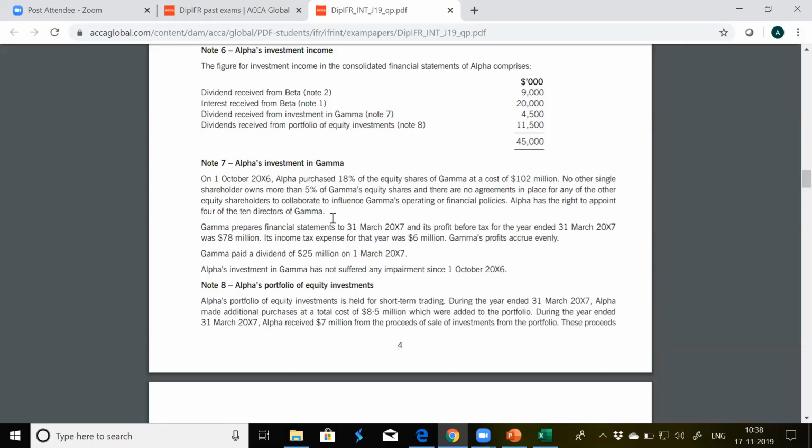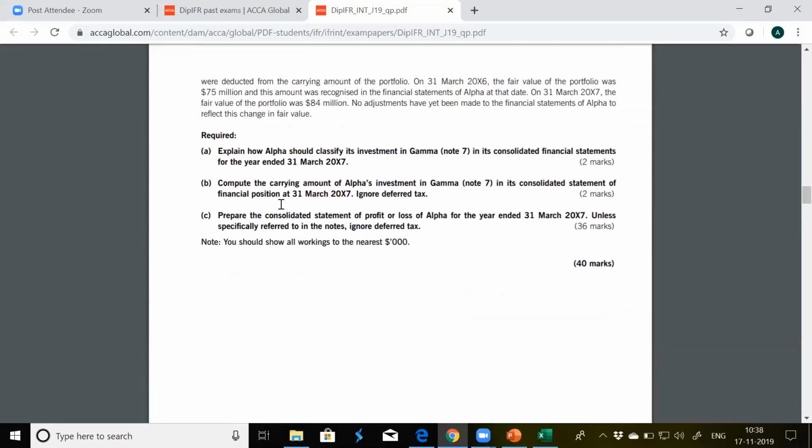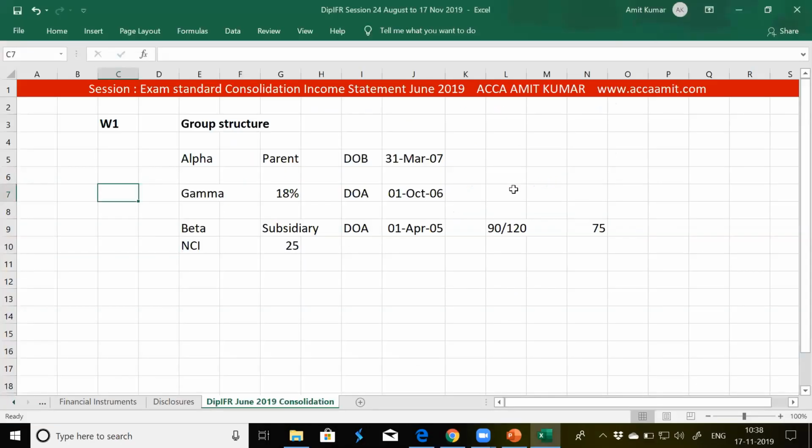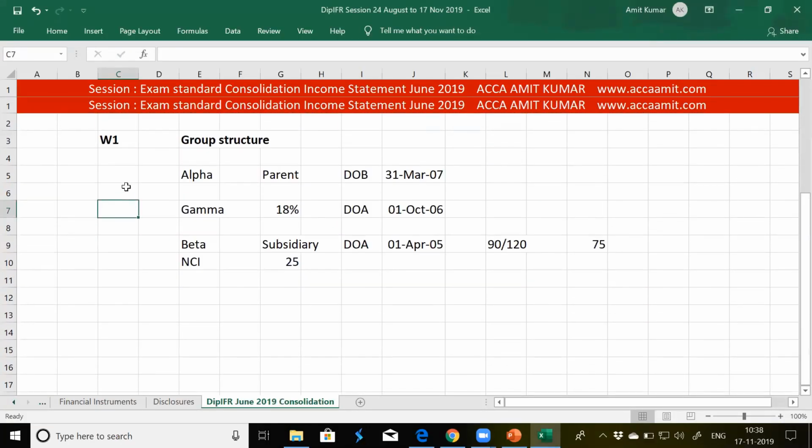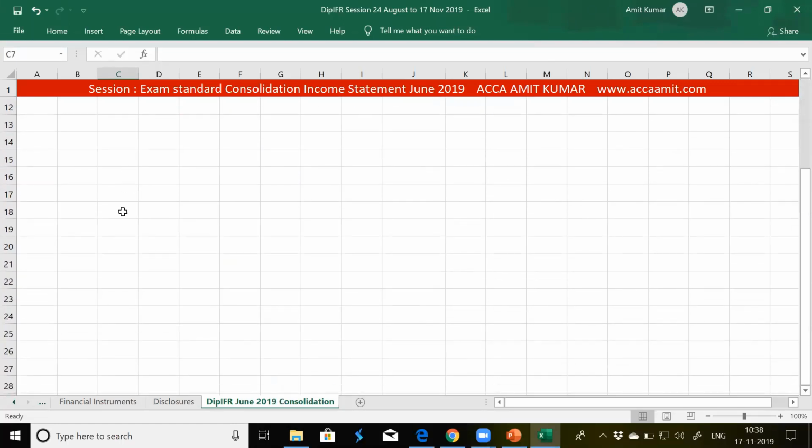The second part says that we need to compute the carrying amount of Alpha's investment in Gamma. So this will normally be note number 6, investment in Gamma.